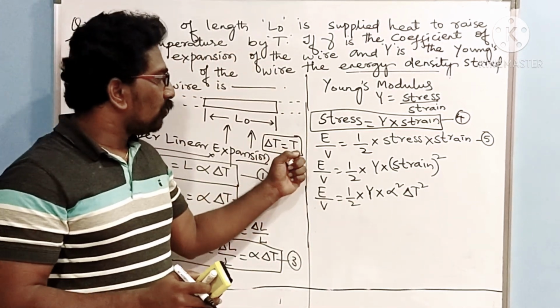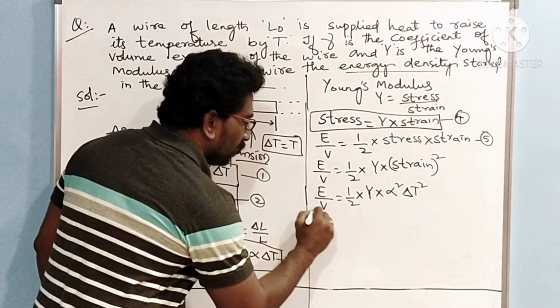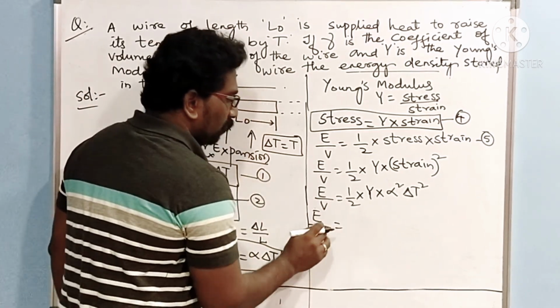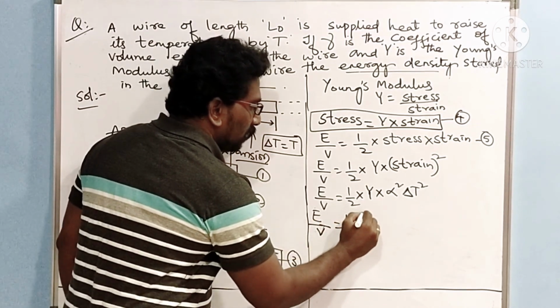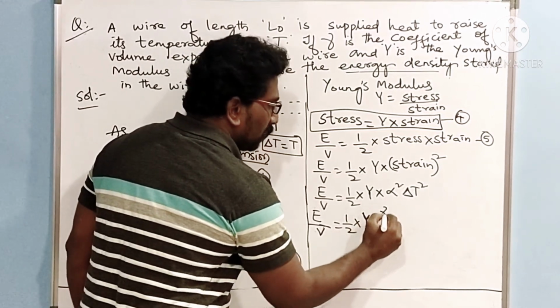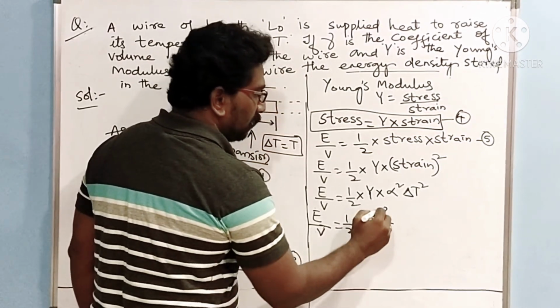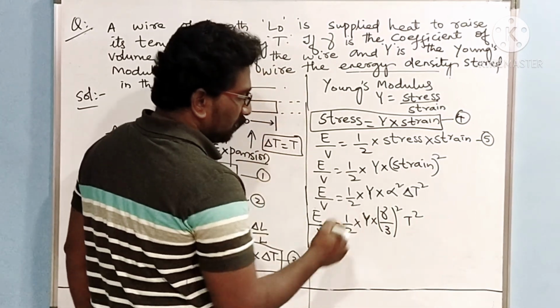Delta T is equal to T, which is given in your problem. So now we can write E over V is equal to 1 over 2 into Young's modulus into gamma over 3 whole square into T square.